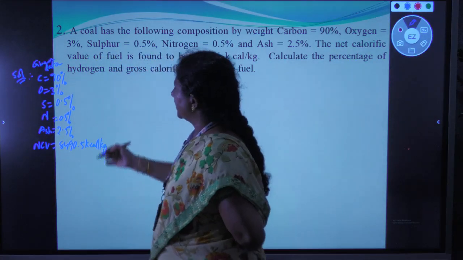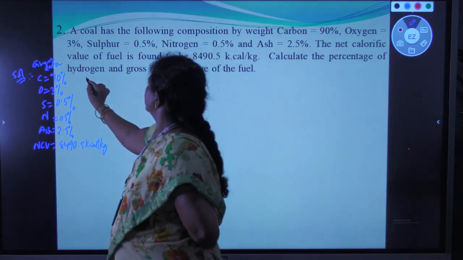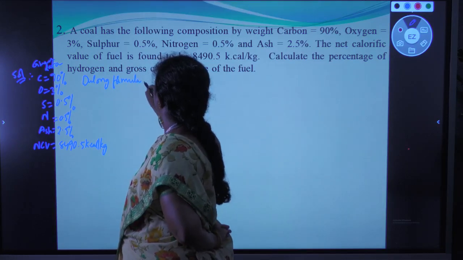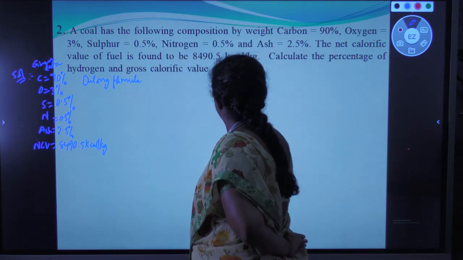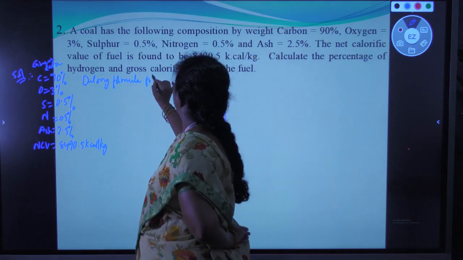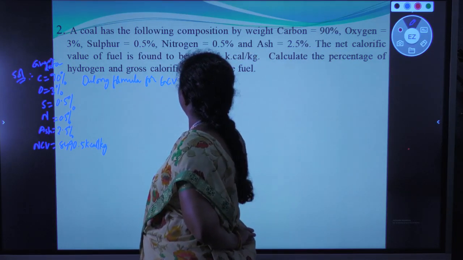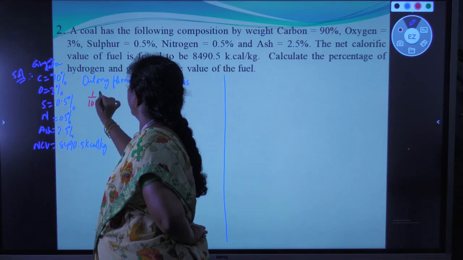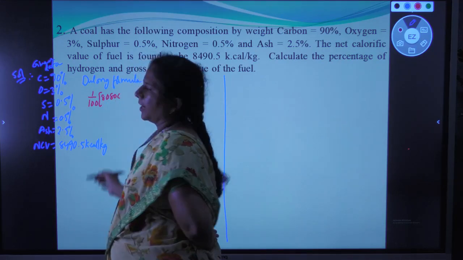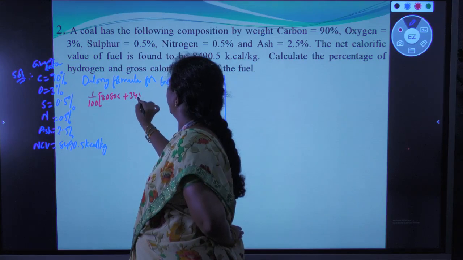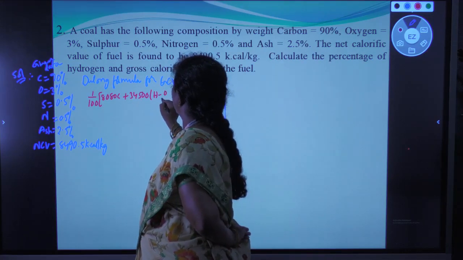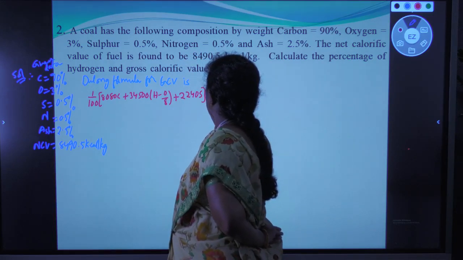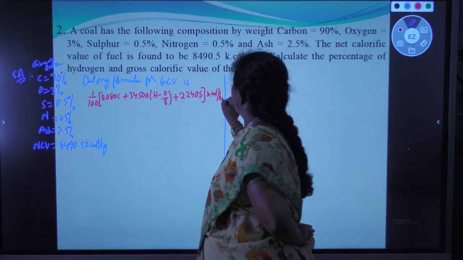So now we will substitute this given data in Dulong formula. So Dulong formula for GCV is 1 by 100 into 8080 carbon plus 34,500 hydrogen minus oxygen by 8 plus 2240 sulfur kilocalorie per kilogram.